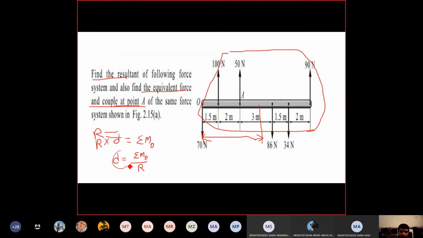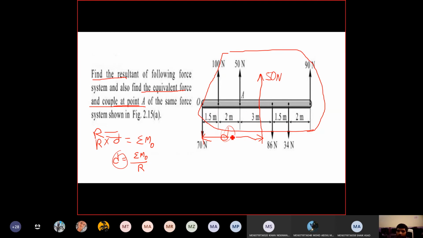Then you will get this distance. See, the resultant force is acting in an upward direction at a distance of some D. I don't know what is the value. Calculate it at your homes.